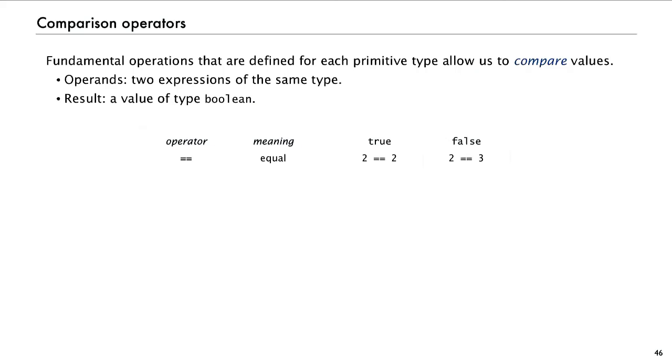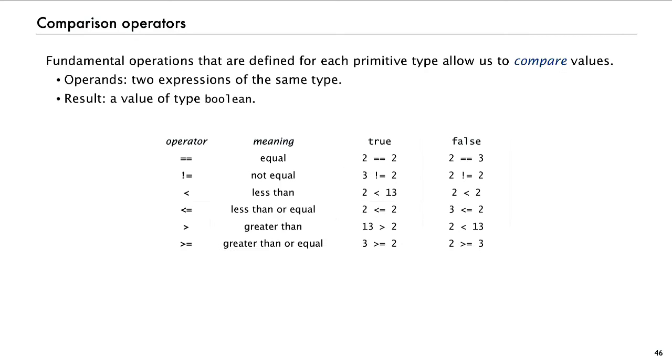Just for example, there's the equal comparison operator. So you've got two ints, and 2 equal 2 is true. 2 equal 3 is false. And then there's not equal, which is the opposite. And it's less than or equal, greater than or equal.